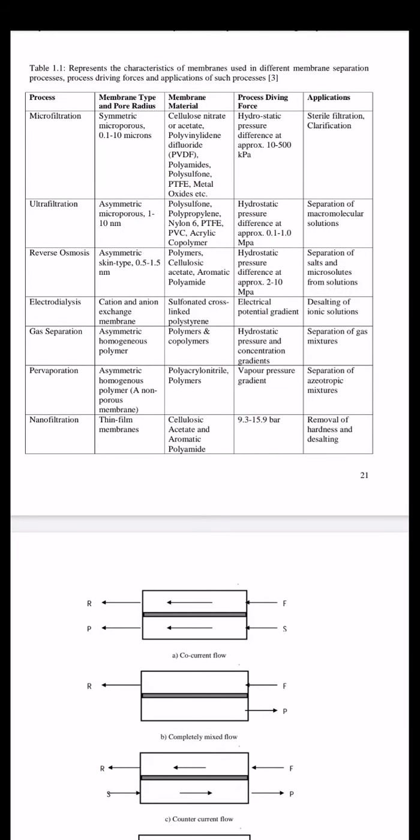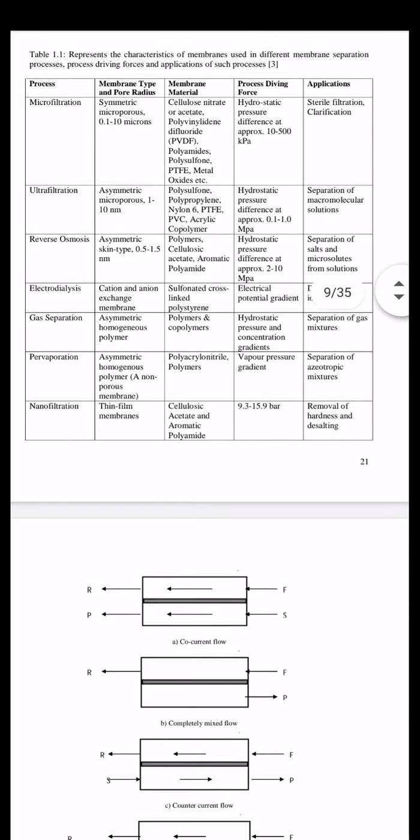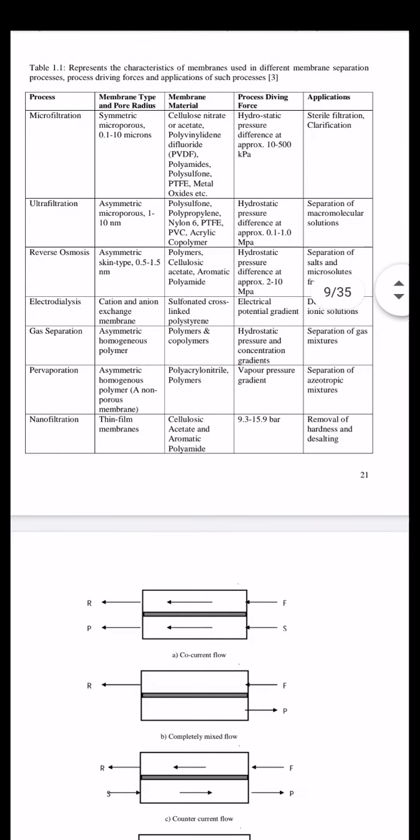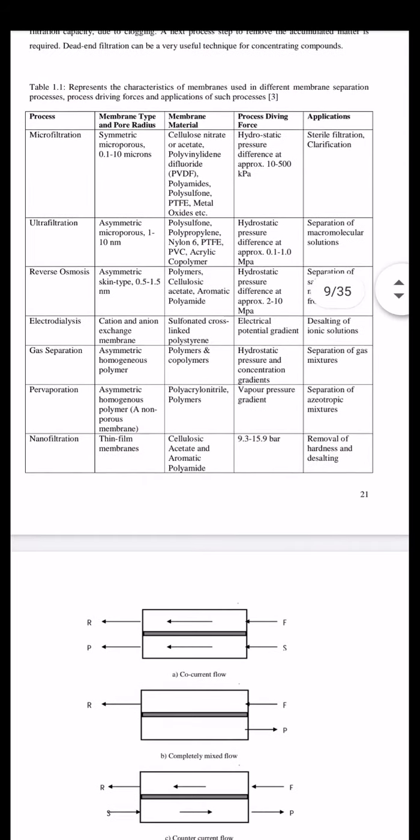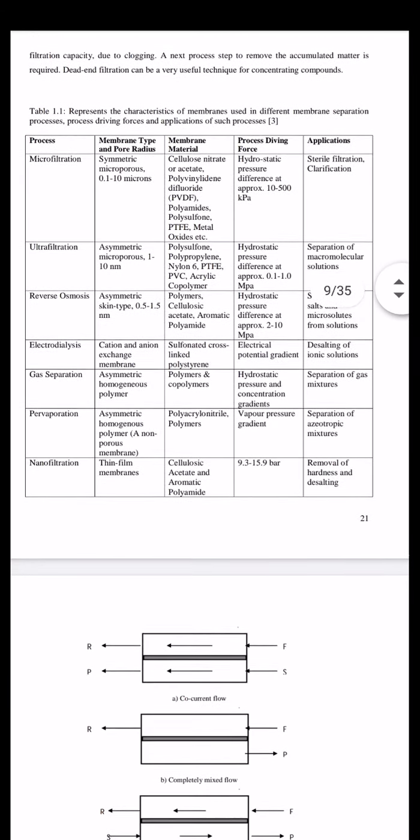Now, again, the driving force would be hydrostatic pressure difference. Now, pressure would be approximately 0.1 to 1 megapascal. Before this operation, we talked about microfiltration, where the pressure was approximately 10 to 500 kilopascal.